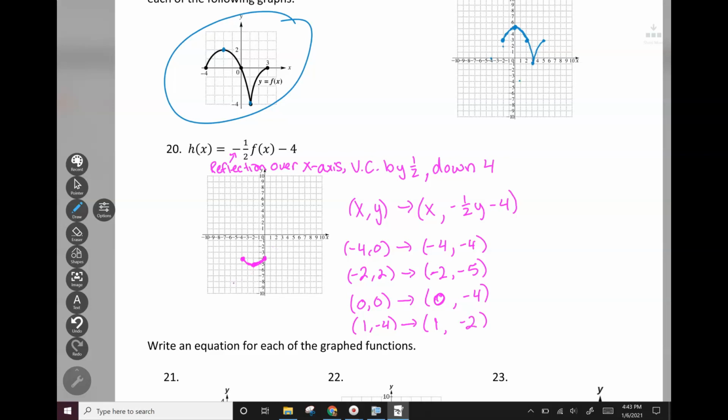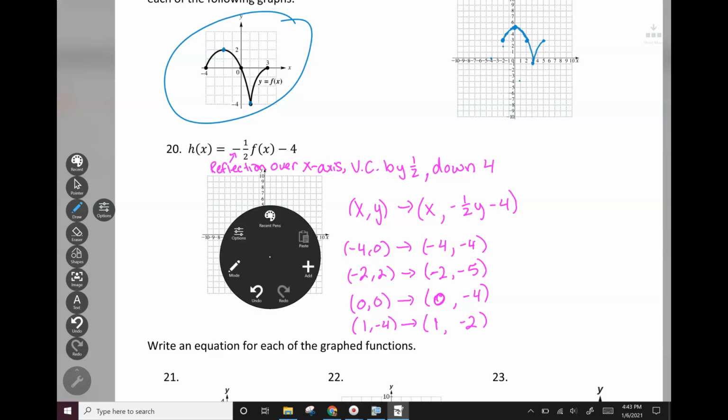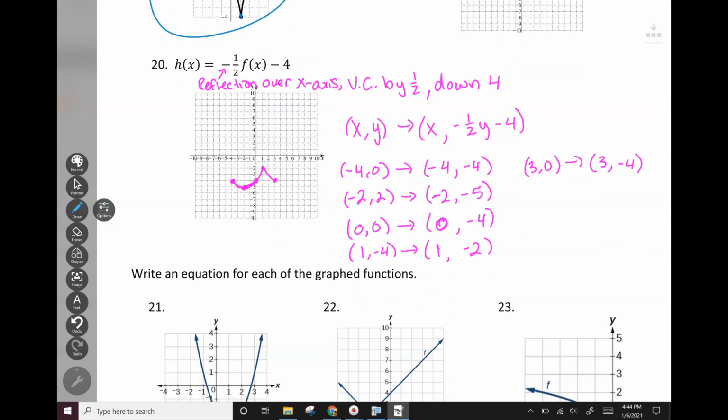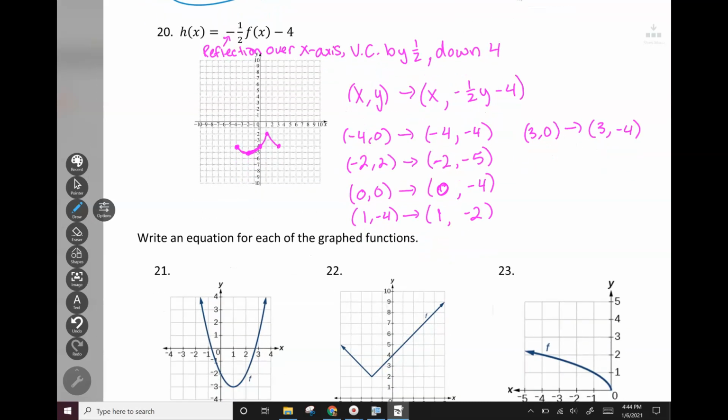So at 1, -2. And then my last point is 3, 0. So that's going to go to 3, -4. All right, there it is. There's h of x with all 3 of those transformations.